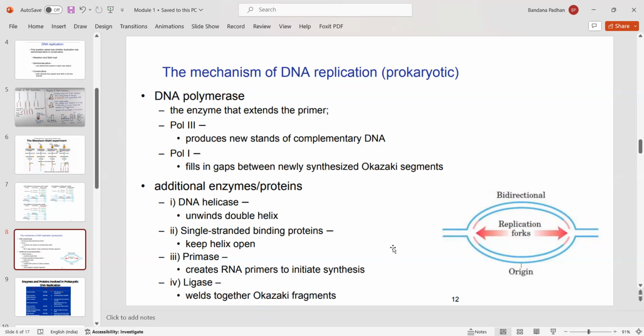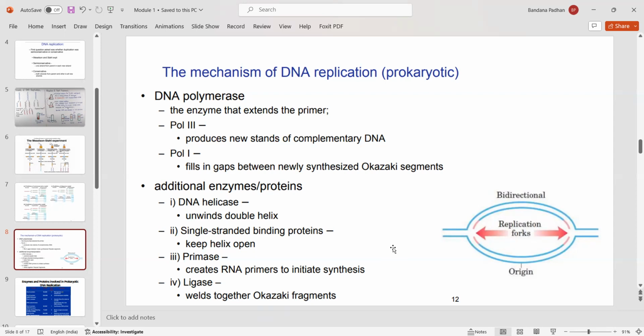Another enzyme is DNA primase, which is useful for adding an RNA primer to initiate the strand in both the lagging and leading strand. Why is RNA primer addition required? Because DNA polymerase 3 itself can't synthesize DNA unless it gets a reference.